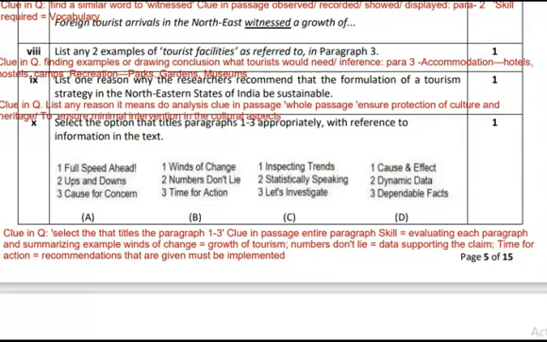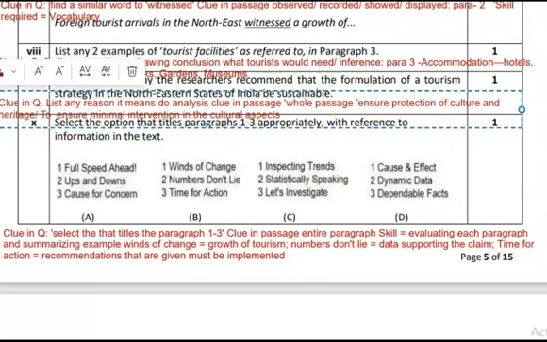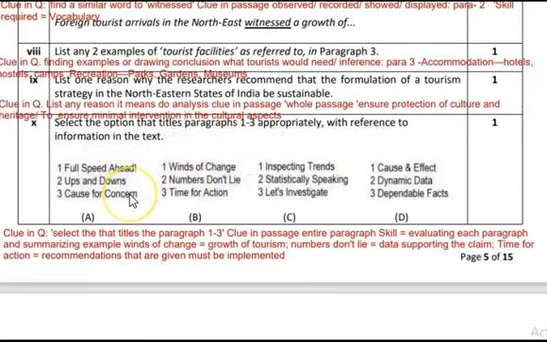So these things need to be protected. So protection of culture, I have already given. Ensure protection of culture and ensure minimal intervention in cultural aspects. So it's again very easy.